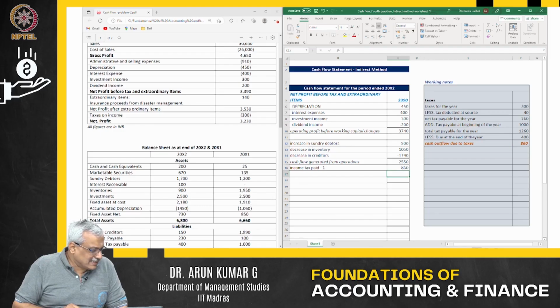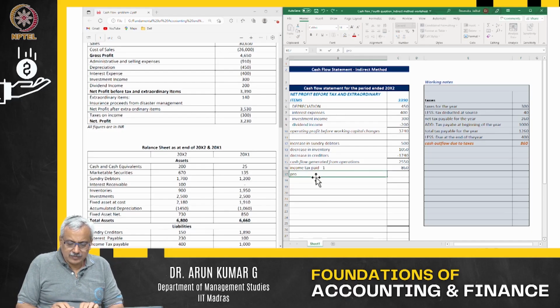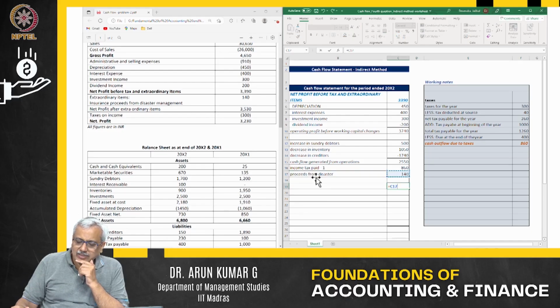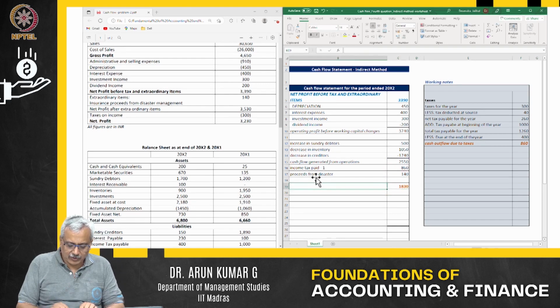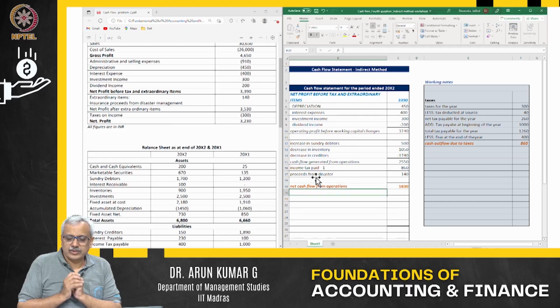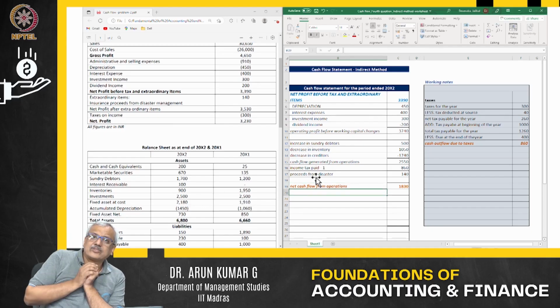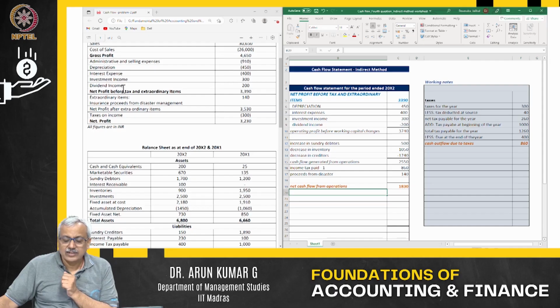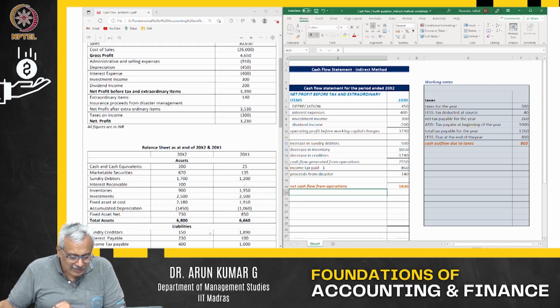Then we see that there is an extraordinary item, that is a cash inflow, proceeds from disaster. So, what is the net cash flow? We go here, we add this and then we add this. Net cash flow from operations is 1830. So, what did we get in the direct method?